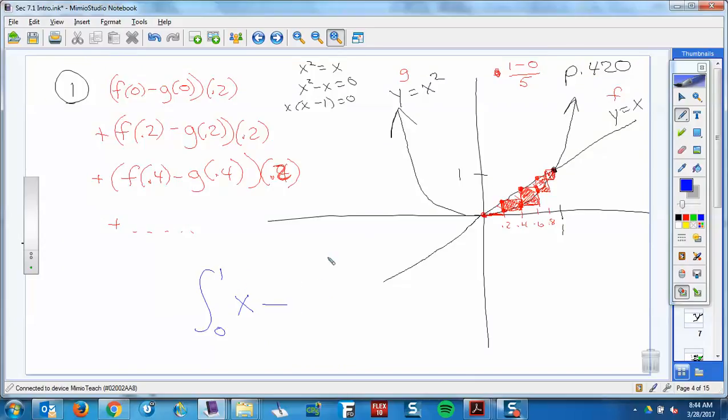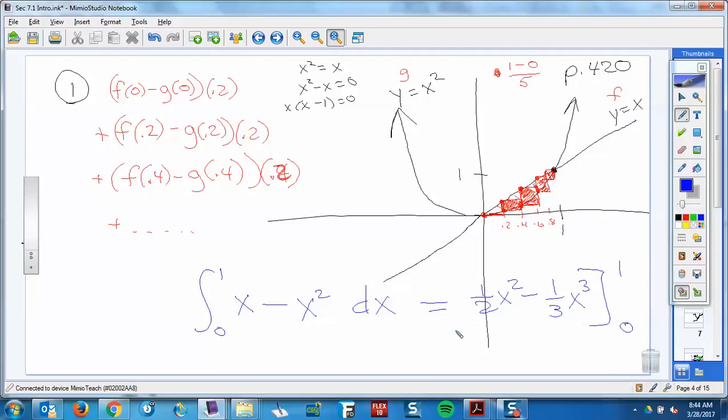So I'm just going to go, okay, my top curve, which is x, minus my bottom curve, which is x squared, right? Like that. And now, according to the fundamental theorem, we would just do our antiderivative. So we would get 1/2 x squared minus 1/3 x cubed from 0 to 1, right?